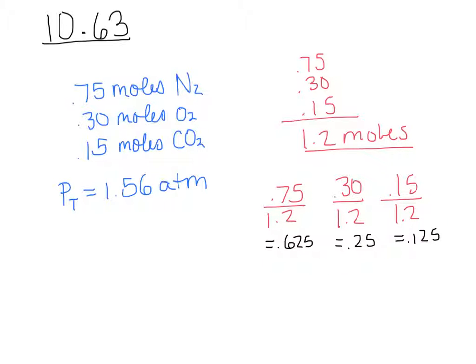So when you solve those division problems, you get 0.625, 0.25, and 0.125. And if you multiplied each of these by 100, you would get the percents of each. So if you want to look at this in an easier way, it's 62.5%, 25%, and 12.5%.